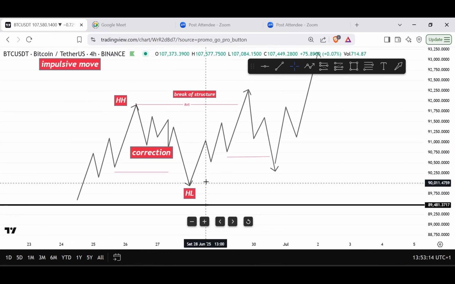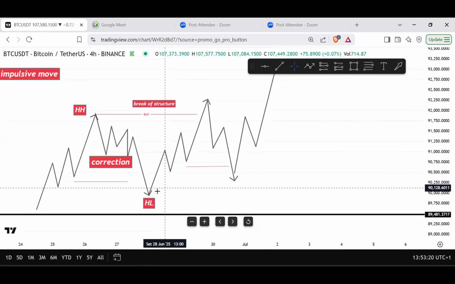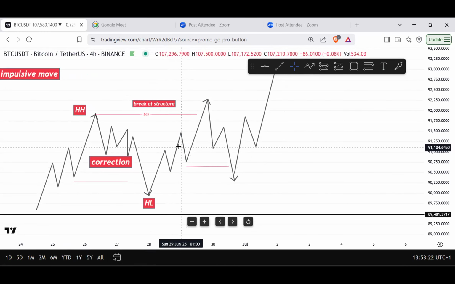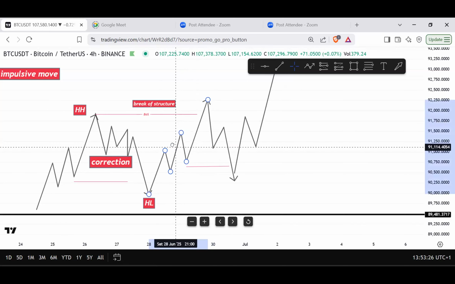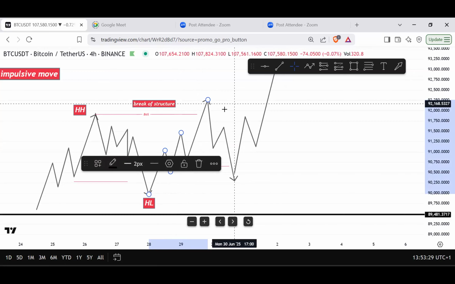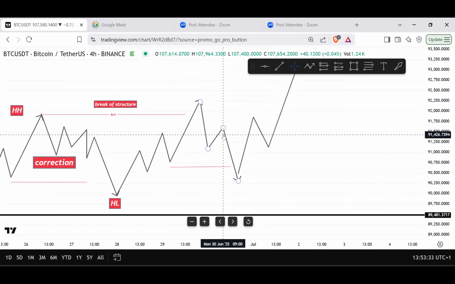Are you getting it? I'm getting it. Yes, it's clear for me. See, this is the second impulsive move. We will not call it before this forms.